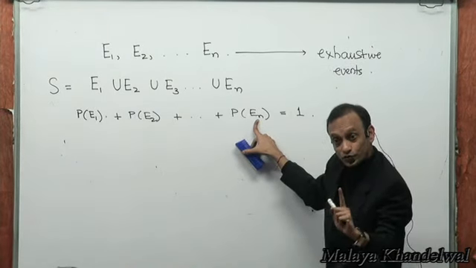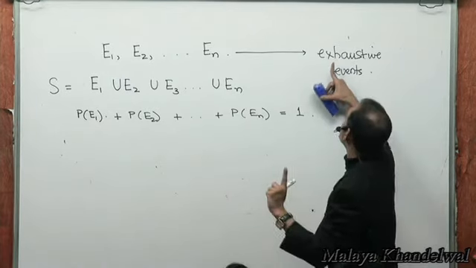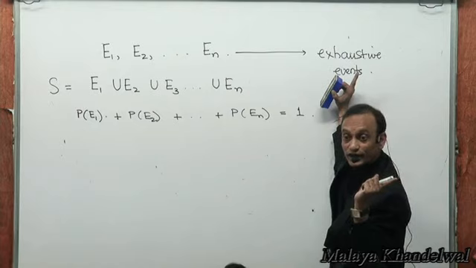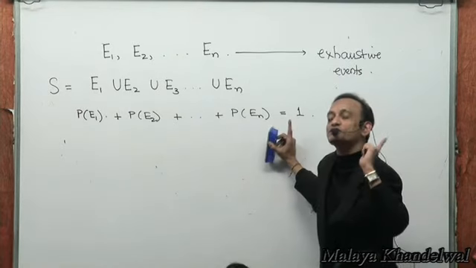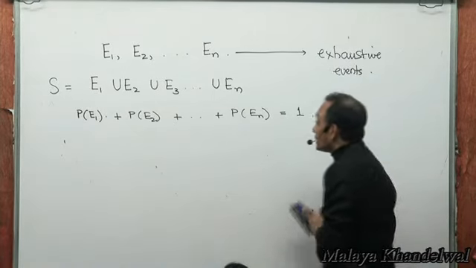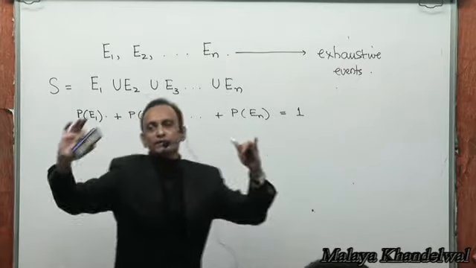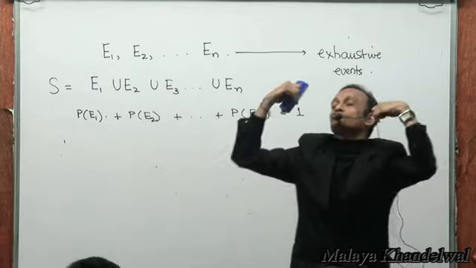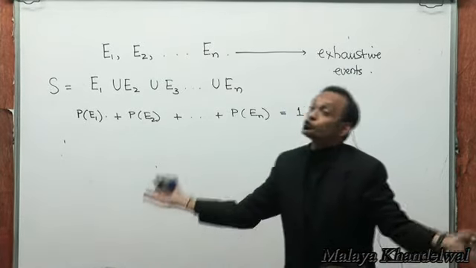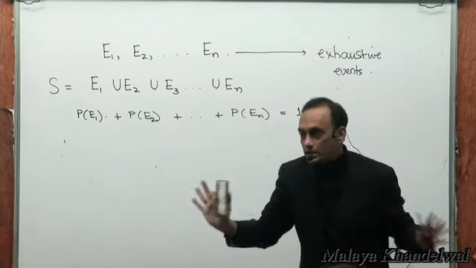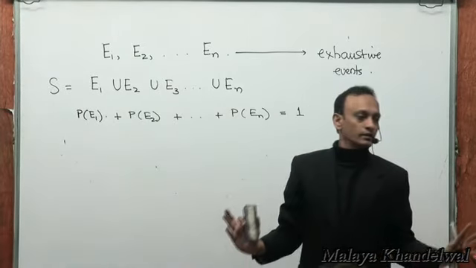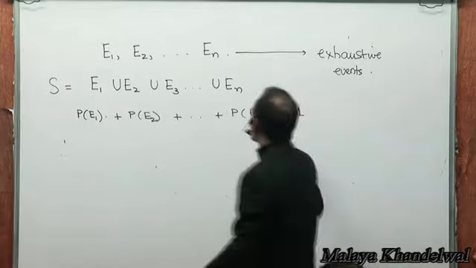They have to be not just exhaustive, they have to be mutually exclusive as well. Otherwise, this need not be 1. Now you understand what exhaustive events are, what independent events are, what mutually exclusive events are, right? This is very commonly used jargon in probability.